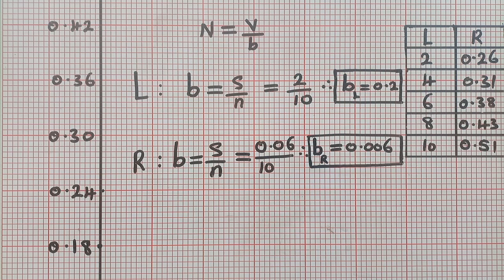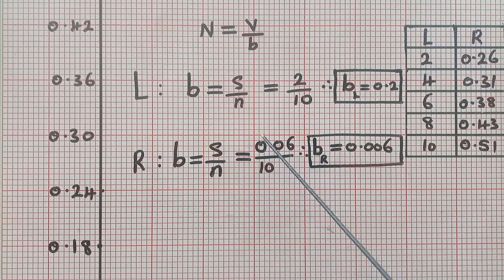Likewise, we go to the R axis, that is the vertical axis. One small box based on this formula is equal to 0.06 over 10. Don't forget that the scale we found for this R was 0.06.